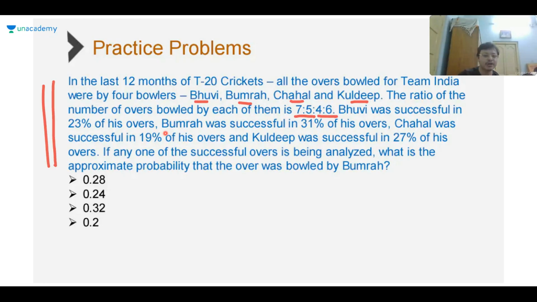Bhuvi was successful in 23% of overs, Bumrah in 31%, Chahal in 19%, and Kuldeep in 27%. If any one of the successful overs is being analyzed, what is the approximate probability that the over was bowled by Bumrah?